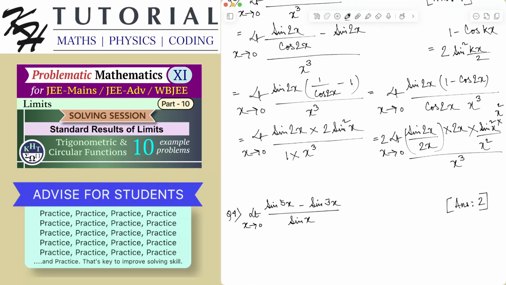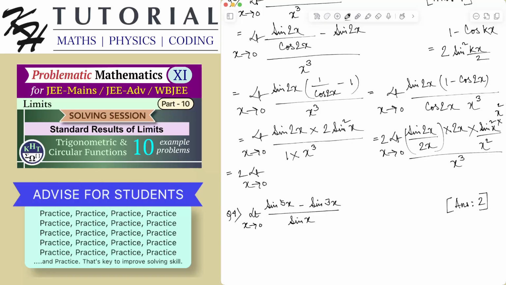Okay, so now this becomes 2 times limit x tending to 0 of sine 2x by 2x, which is 1, and also the limit of sine square x by x square as x tends to 0 will also be 1.